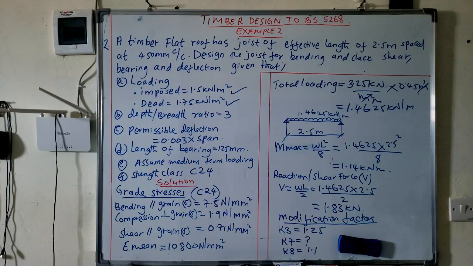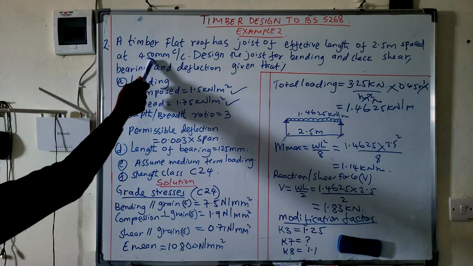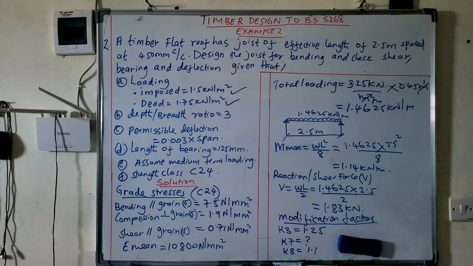So again, why are we using E mean for this case? Because for load sharing joists, we always use E mean when the spacing is below 610 millimeter center to center.